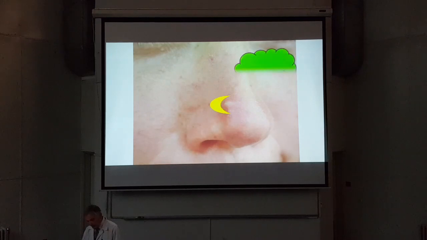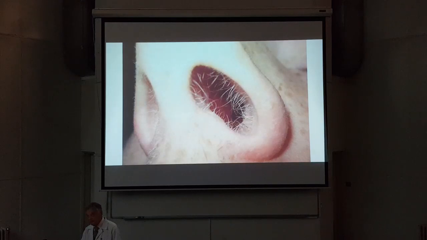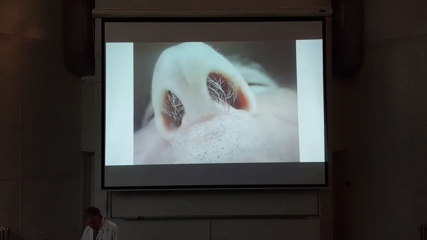Now, the story starts here. A boil on the nose. Pus, if it is squeezed or pulling a hair out of the external part of the nose.